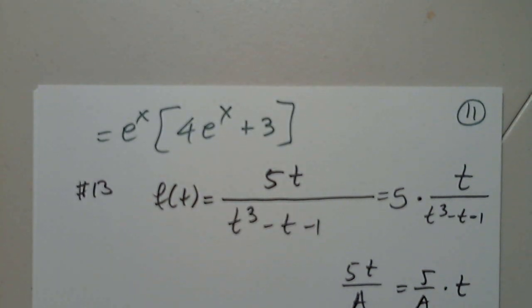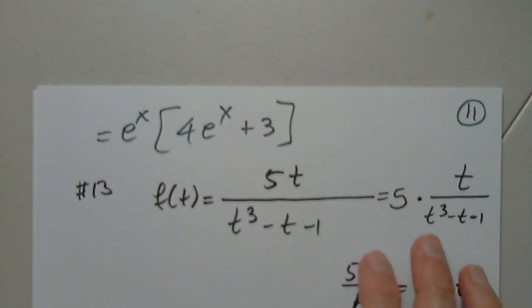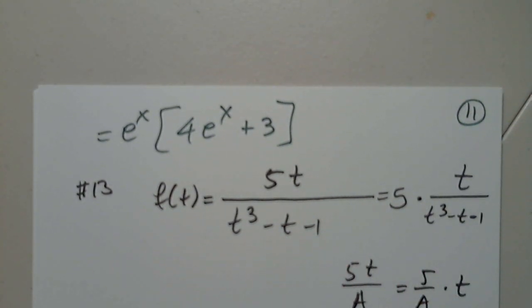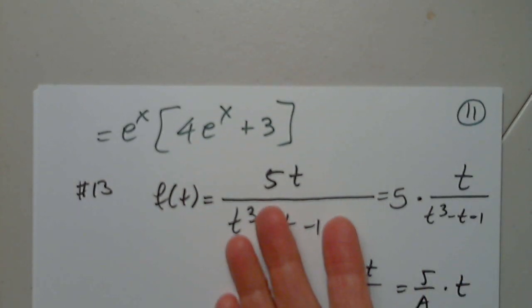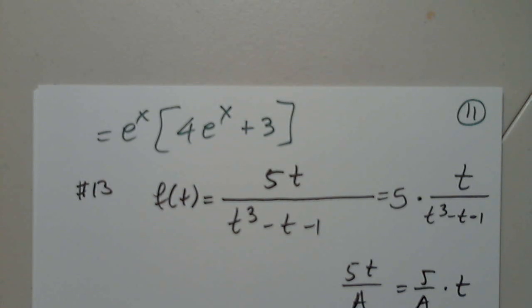So I want my students to realize that algebra is really helpful. And you can say, well, it's not a big deal. It's just 5. It's not 3,599,000, blah, blah, blah. True. But why worry about a constant if this entire function is nothing else but 5 times t over the denominator?